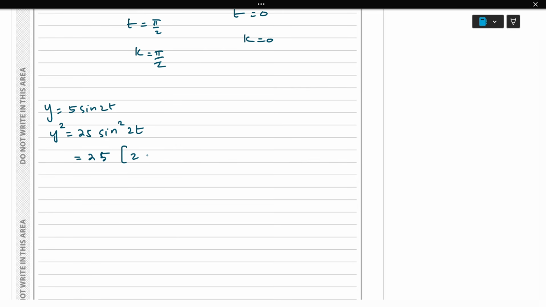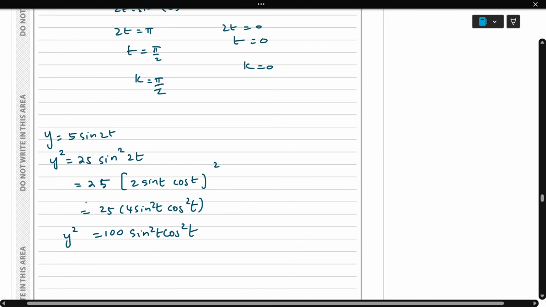So 25 into (2 sin t cos t) whole squared, which becomes 25 into 4 sin squared t cos squared t, which is 100 sin squared t cos squared t. This is going to be y squared.